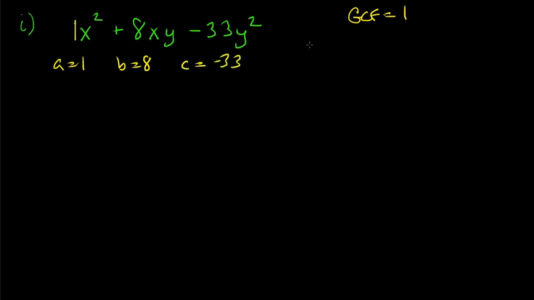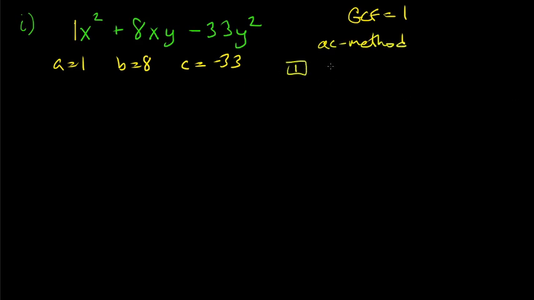So we could use the AC method, although in this case, because A is 1, you can also use the shortcut. It's the same shortcut we did in, say, part E and part F earlier. But I'm still going to use the AC method because why not? We've been using it all along here.